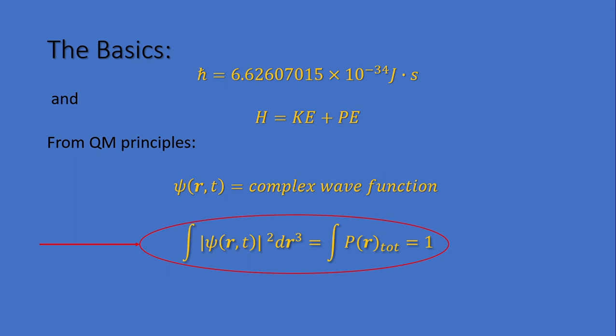Essentially that gives the total probability, and because the total probabilities add up to 100%, the integral of the square of the wave function over all of space has to be equal to 1. Another way of saying this is that the wave function has to be normalized.